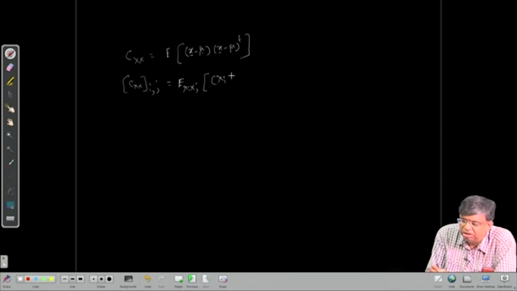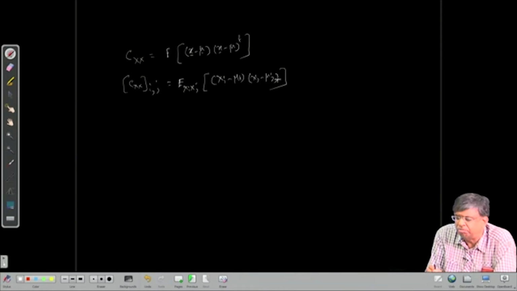So xi minus mu i and xj minus mu j. And i and j, if they are not the same, are two different random variables. So you are taking the increment of this around its mean, the increment of this around its mean, multiplying and taking the expectation. So that is the correlation of xi, xj.